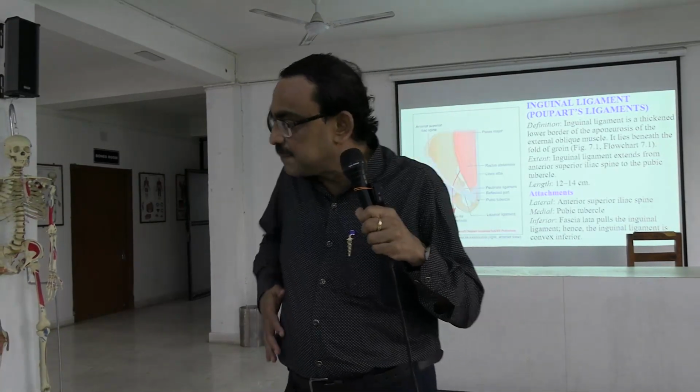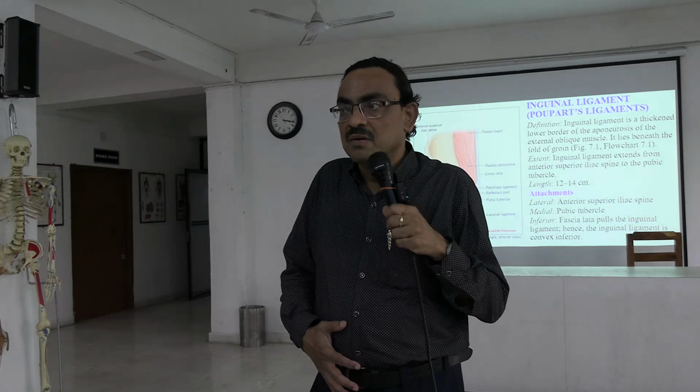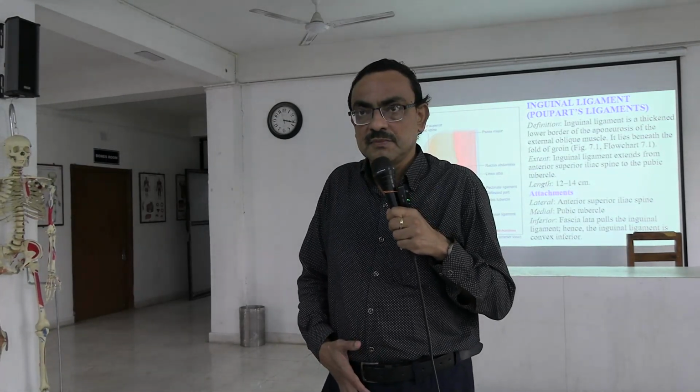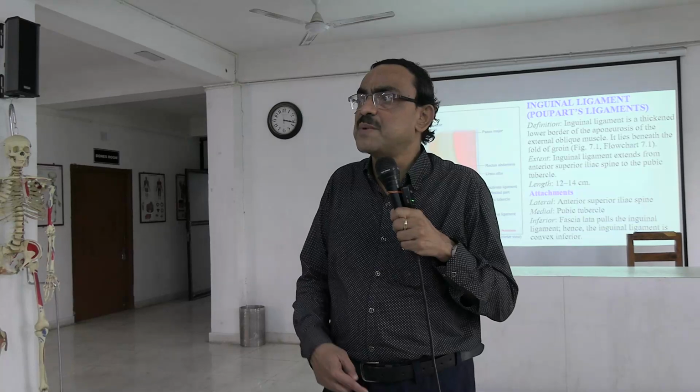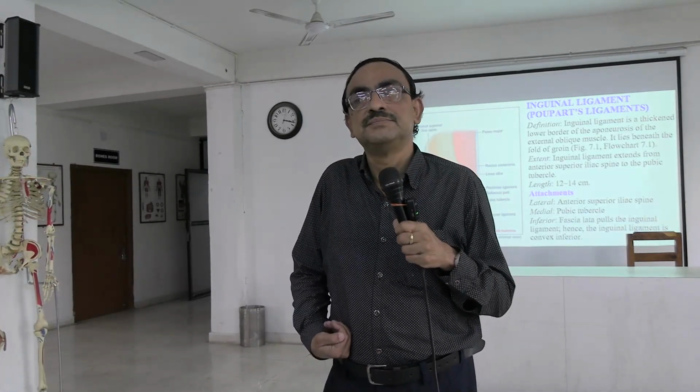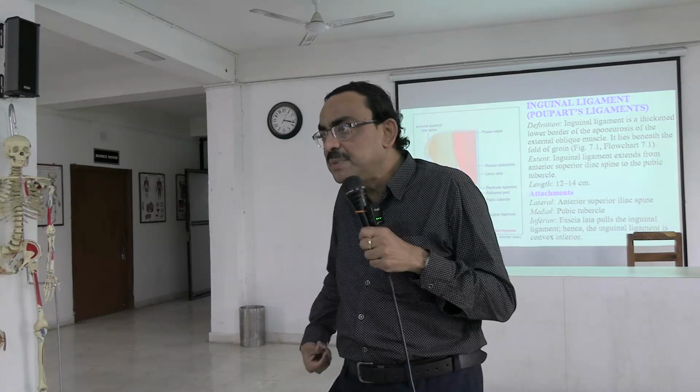This external oblique muscle, when it is going downwards from the anterior superior iliac spine to the pubic tubercle, gets folded and that part becomes thickened.